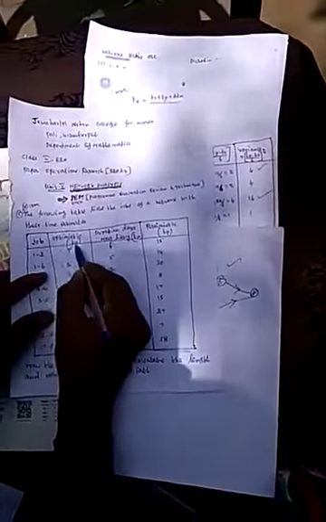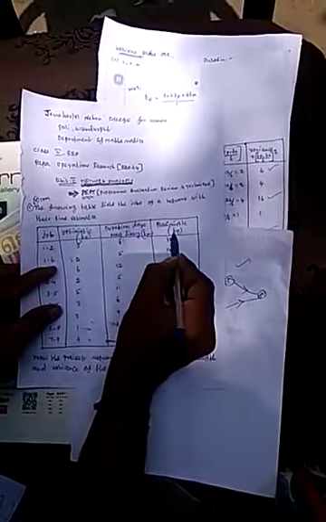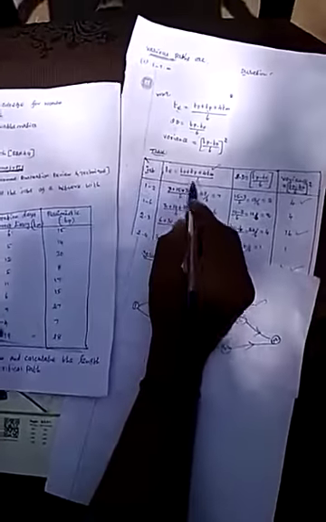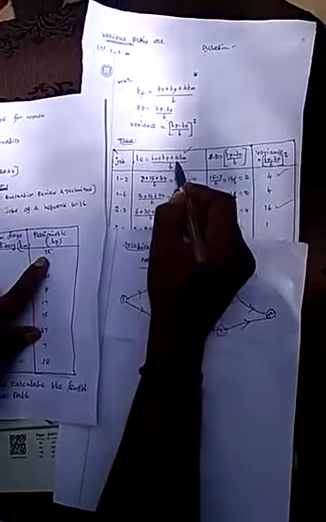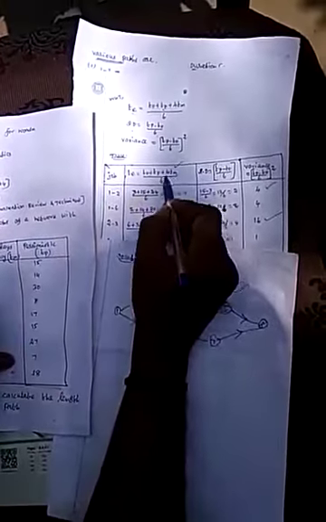T0 value is 3. For 1 to 2, optimistic time T0 is 3, most likely time TM is 6, and pessimistic time TP is 15. So TE equals 3 plus 4 times TM plus 15, divided by 6.